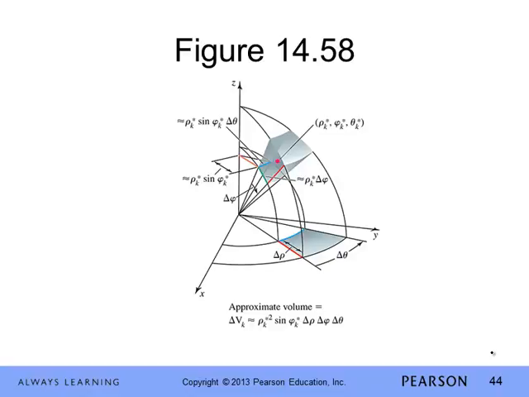We're talking about this distance right here times this distance, and then times that distance right here.